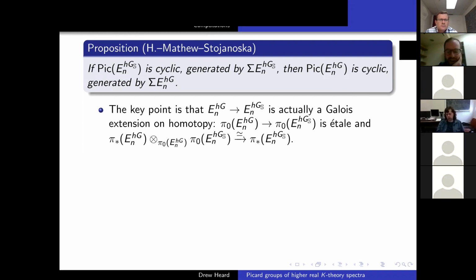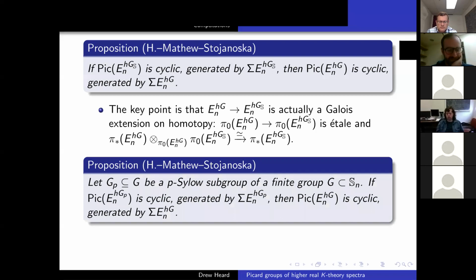What you do then is you pick some invertible module in here, and then you tensor down, and you end up with something in this Picard group. By assumption, this is cyclic, and then using this point here, you can show that this also must have just been a suspension of E_n^{hG} to begin with. So that is the first reduction.